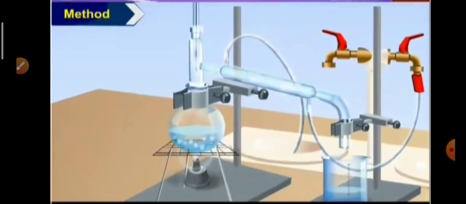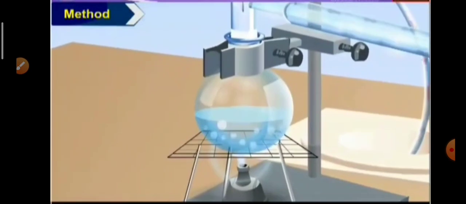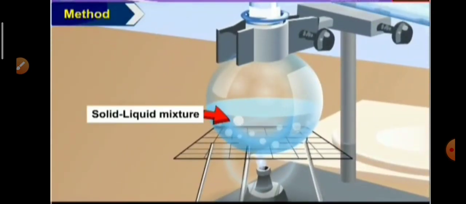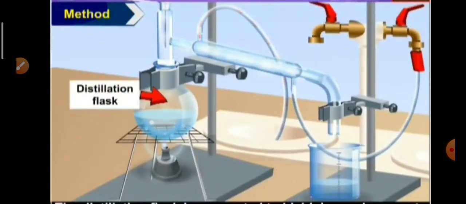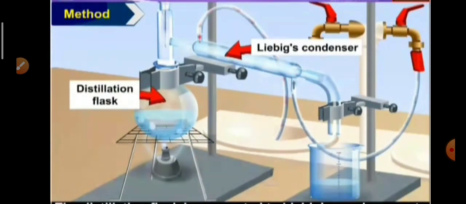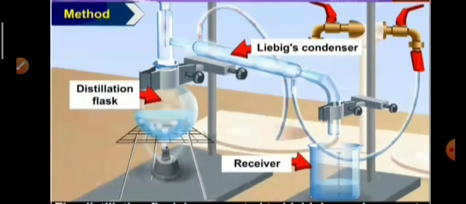In the distillation flask, the mixture of salt and water has been taken. The moment the heat is applied to the distillation flask, the water starts evaporating and changes to vapor.